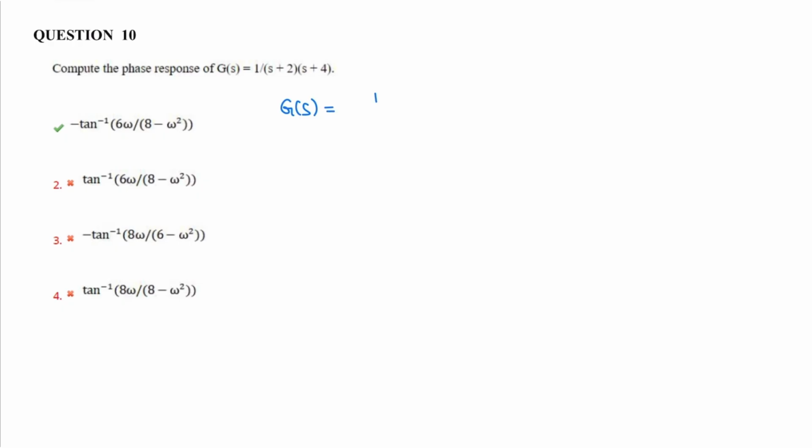G of s is 1 by s plus 2 into s plus 4, that is 1 by s square plus 6s plus 8. The sinusoidal form of the above transfer function is obtained by replacing s with j omega.